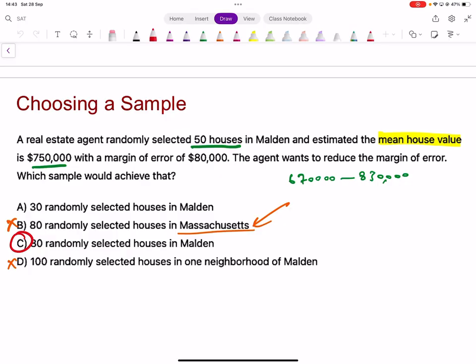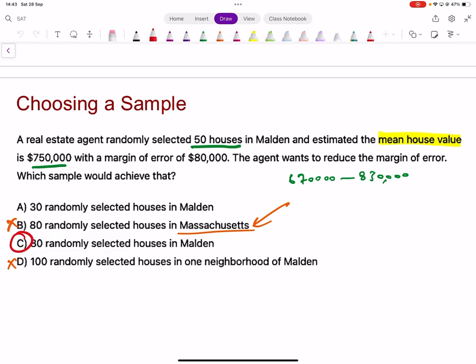Now, if larger sample sizes mean better results, why don't we just take very big samples, do a survey of all houses? Can't we just do that? If larger sample sizes mean better results, shouldn't we just ask every single house what their prices are, or study every single house in the city?